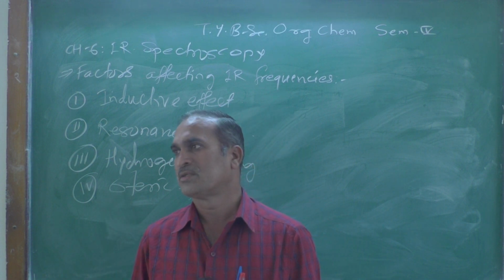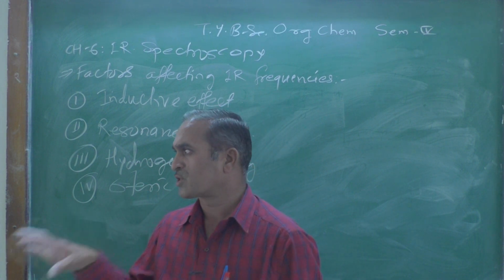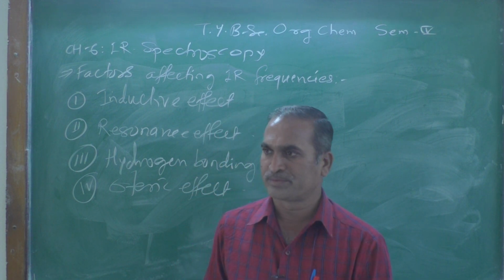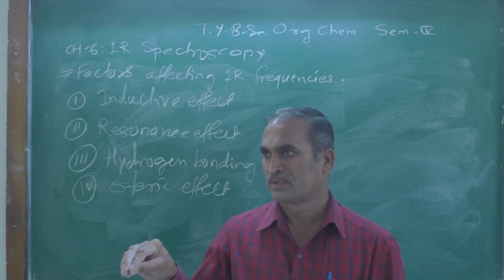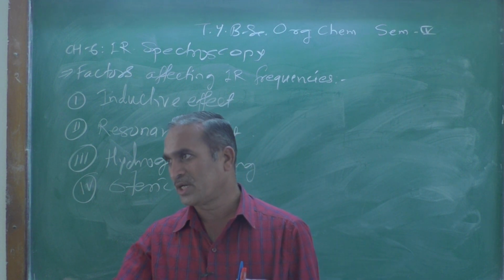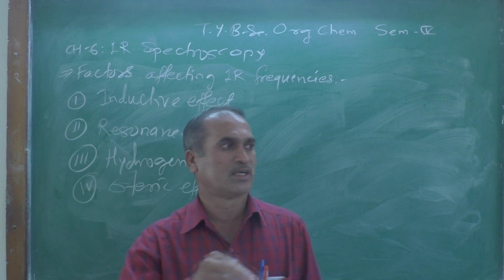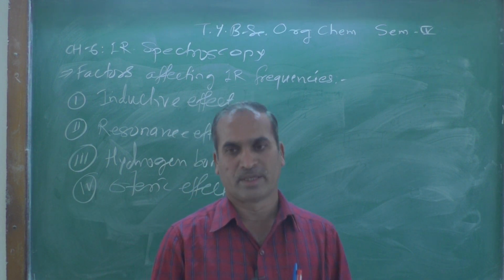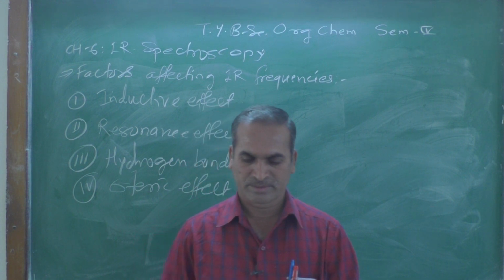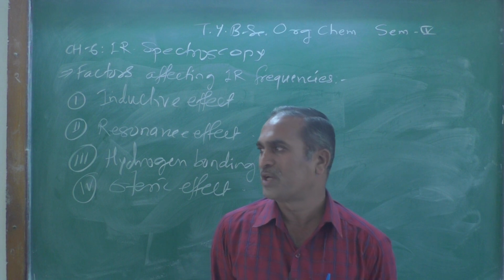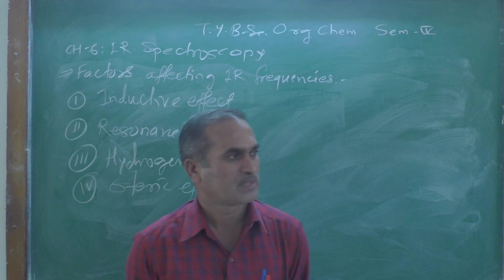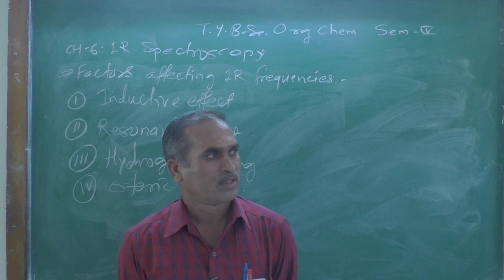When electron donating or electron withdrawing groups are introduced, or some heteroatoms are connected or introduced in the carbon or organic molecule, then this type of inductive effect is generated, and it is a permanent one.